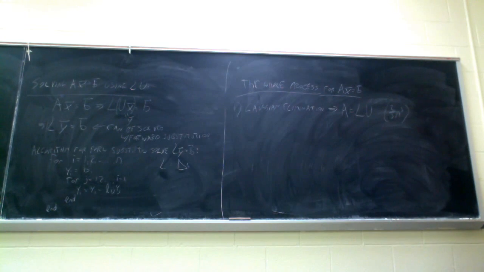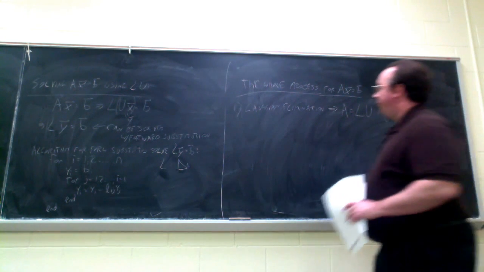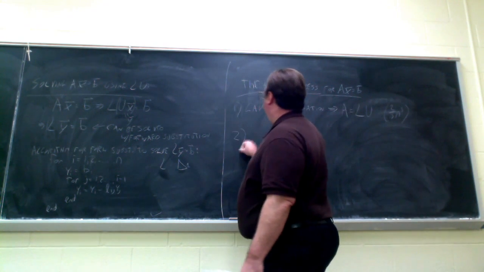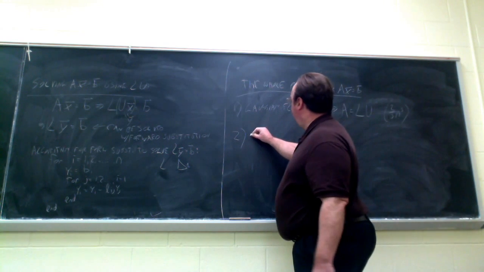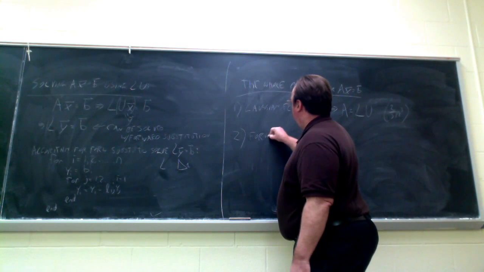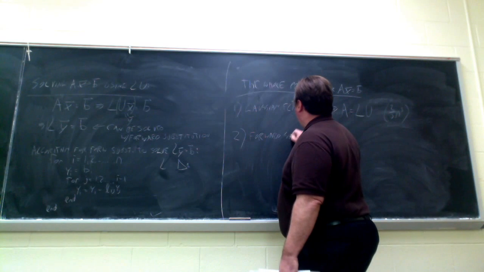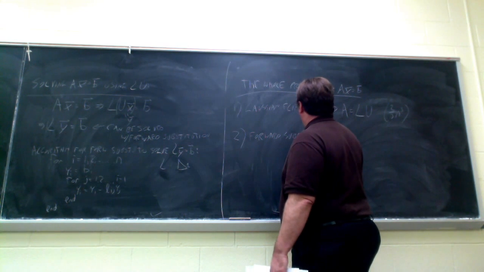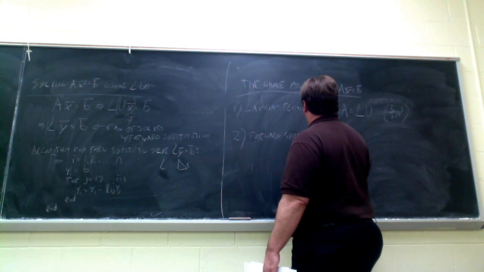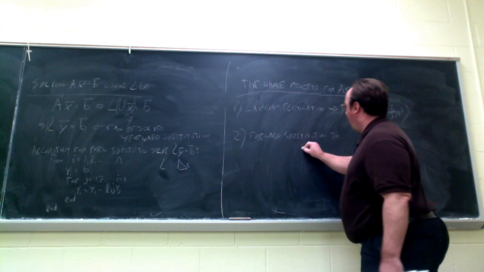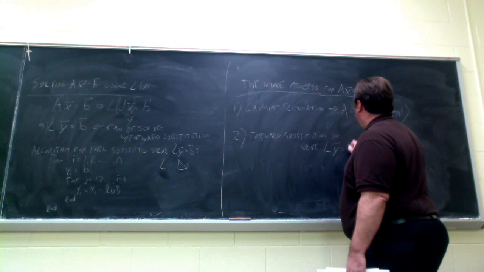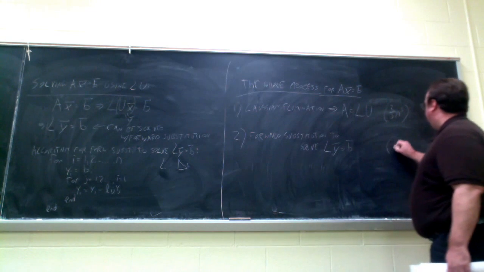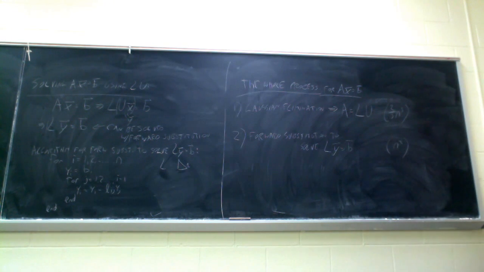So that's the expensive part. Then you use forward substitution to solve Ly is equal to b, and that takes n squared operations.